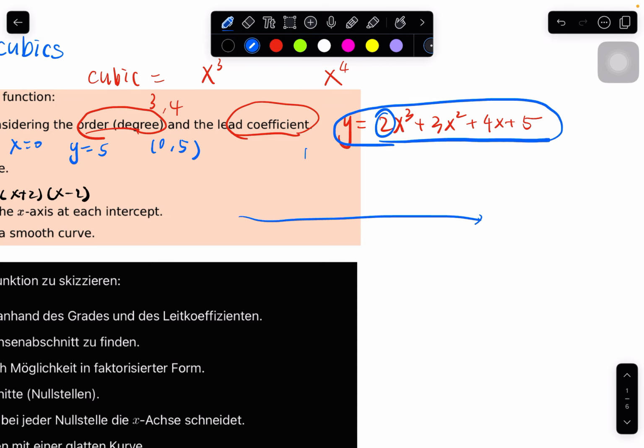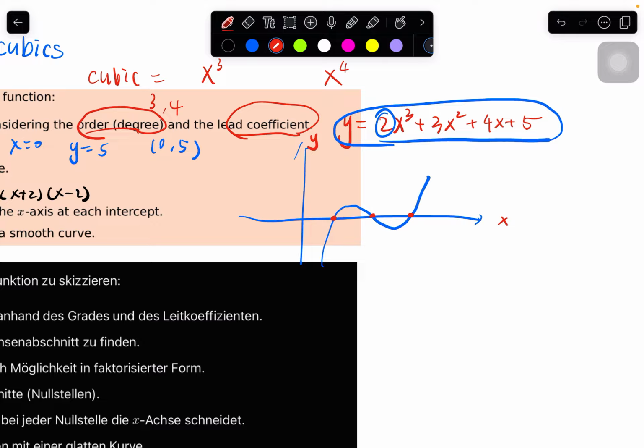of a function, let's see what's special about them. Actually these 3 points, the x-intercepts, mean the intersection between the curve and the x-axis. So what's special about the x-intercepts?